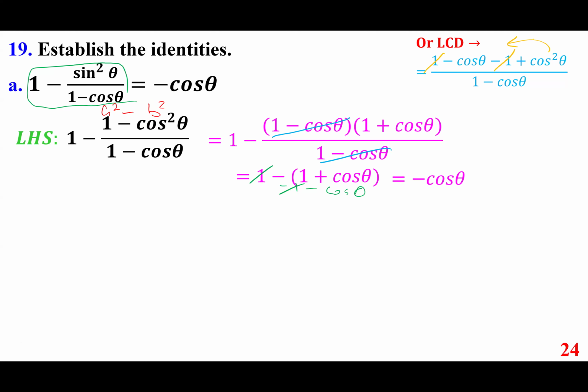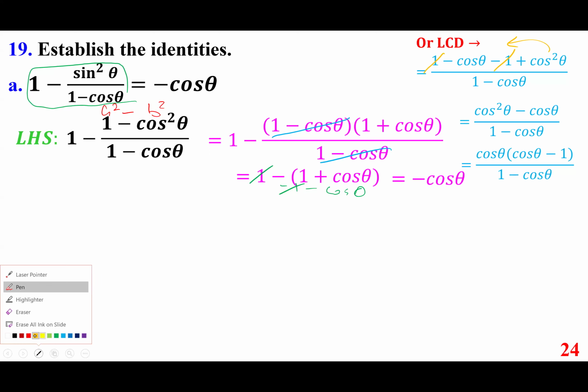And we put this one first because it's positive. And we factor the cosine out from the numerator. Get cosine theta times cosine theta minus 1. These two cancel each other, but remember, they are not identical.